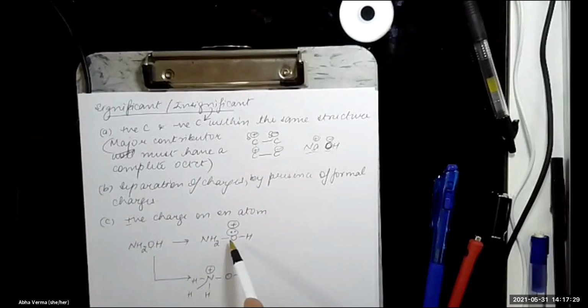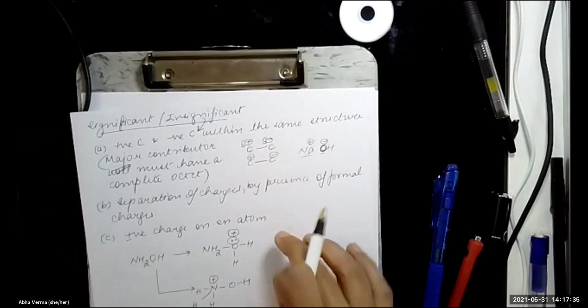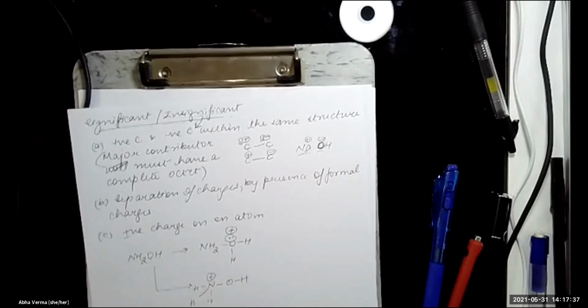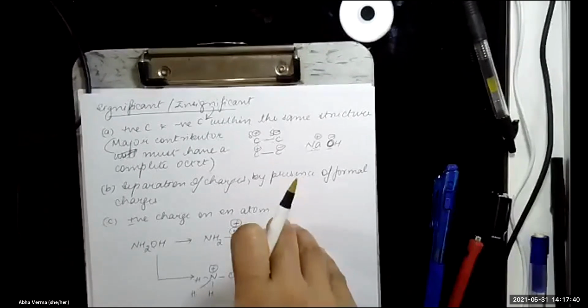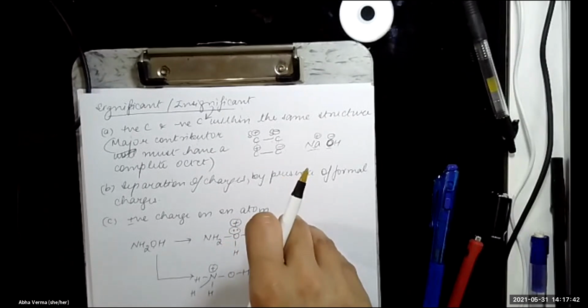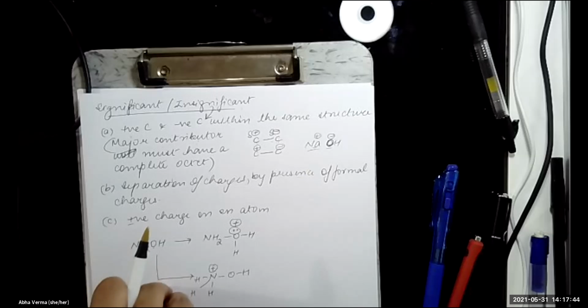So if you have to compare, oxygen sometimes will take a positive charge. There is no doubt about that. But if you are given choices among resonance structures, the resonance structures with oxygen having a positive charge on it will not be considered a good resonance structure.